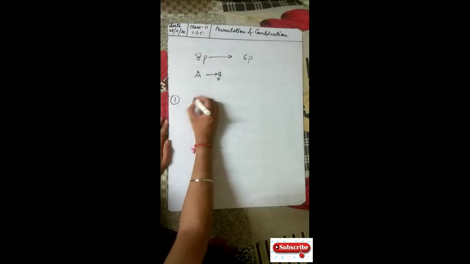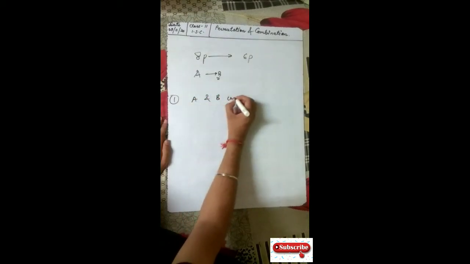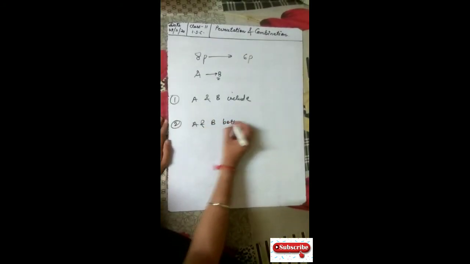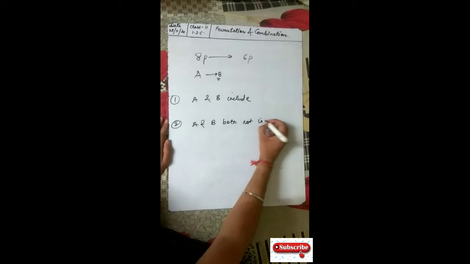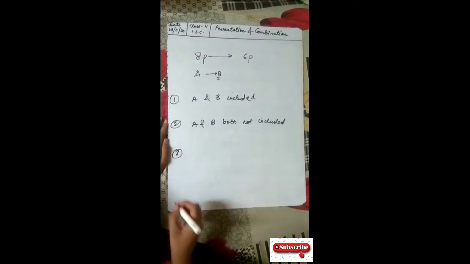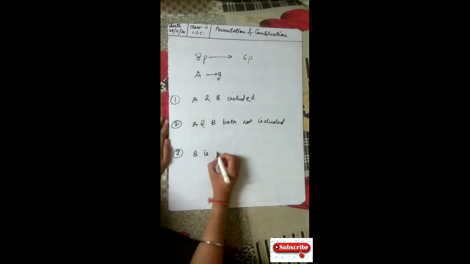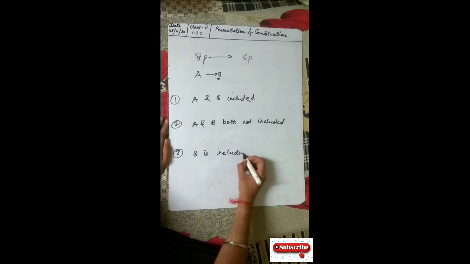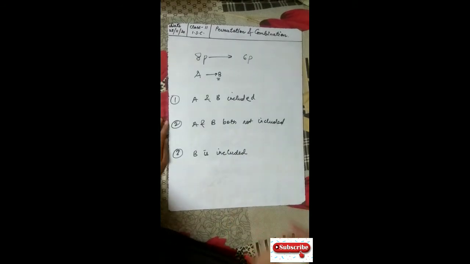arise here? A and B both included, if we include both. Second case may be A and B both not included. And third case can be B is included. See, if you choose A, then B will come.